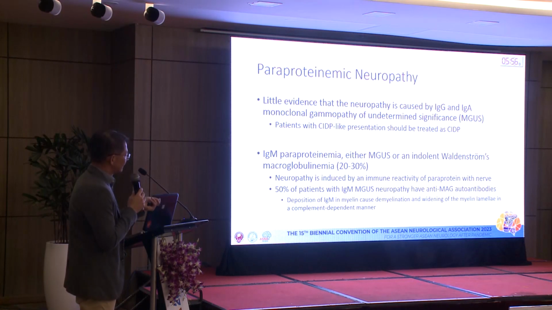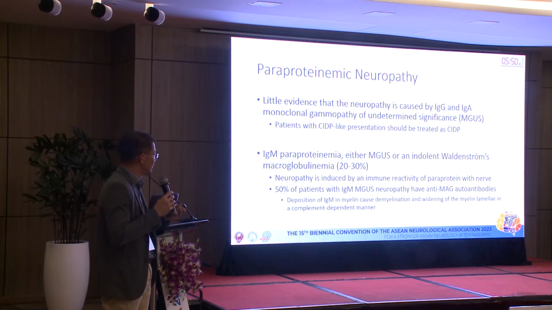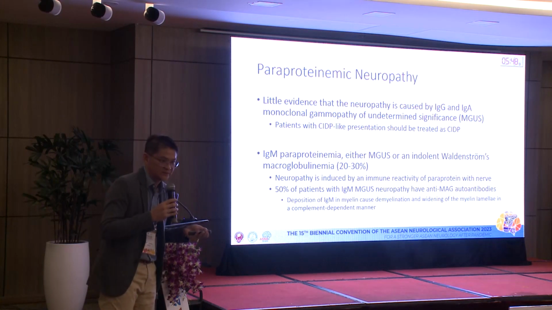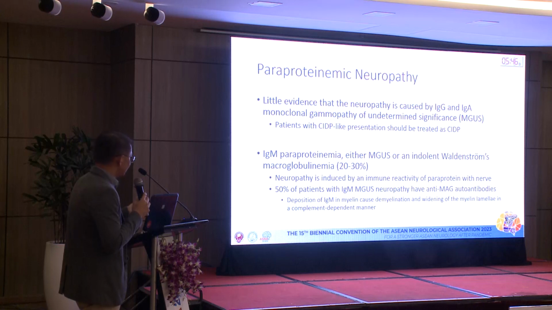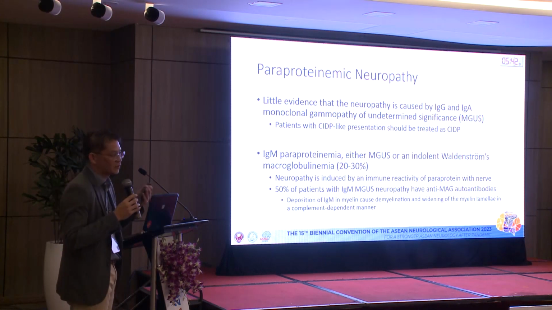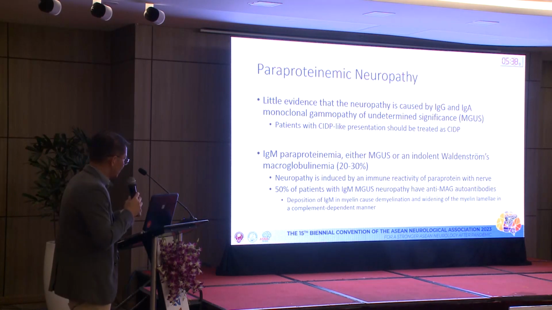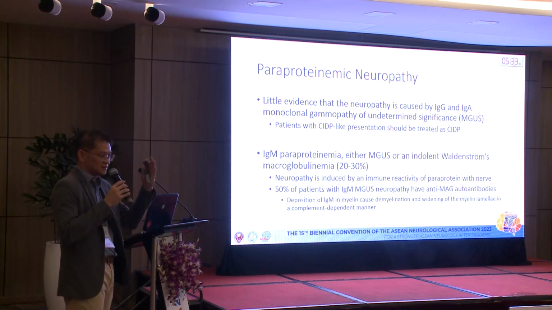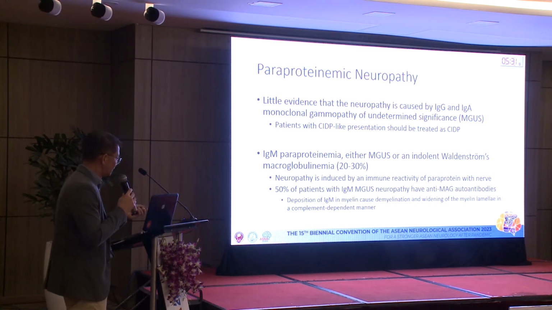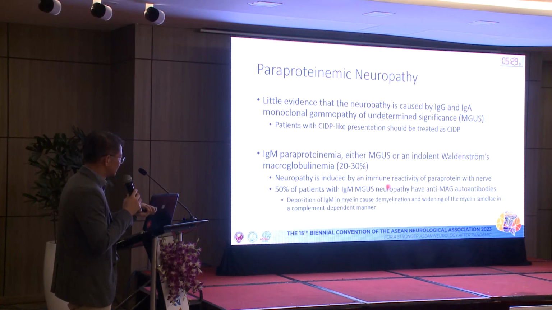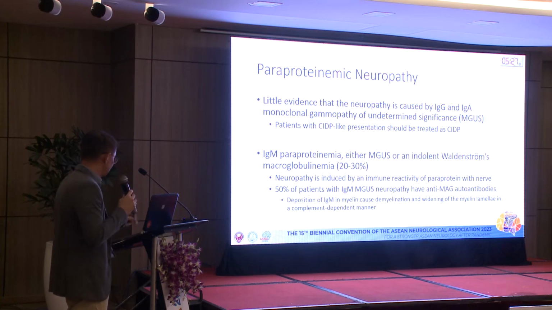So for those patients that have IgG or IgA monoclonal gammopathy, if they have demyelinating neuropathies, we normally treat them the same as CIDP, right? But if you have IgM paraprotein neuropathies, we know that 50% of them have what we call anti-MAG, which is the myelin-associated glycoprotein antibody, where the deposition of this IgM in the myelin causes splitting of the myelin, resulting in separation and also widening of the myelin lamina.